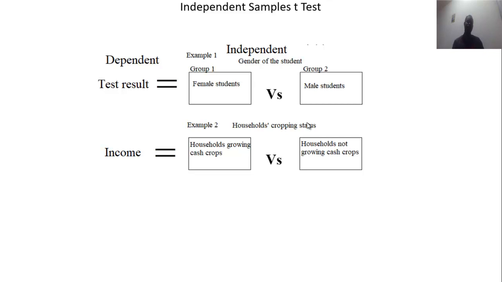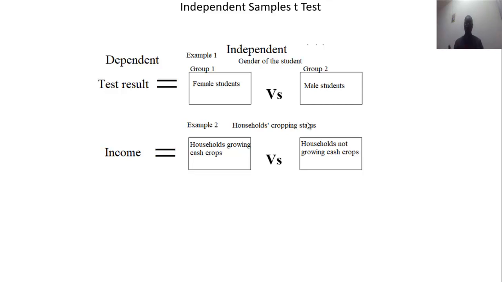Another example, you can classify banks into two groups: banks located in the middle of the city, and banks that are in the periphery, in the outskirts of the city or the town.